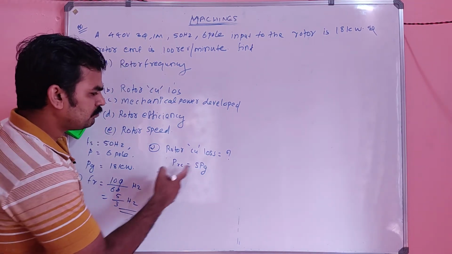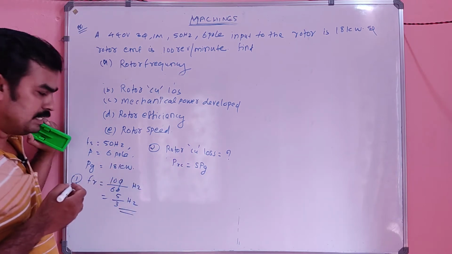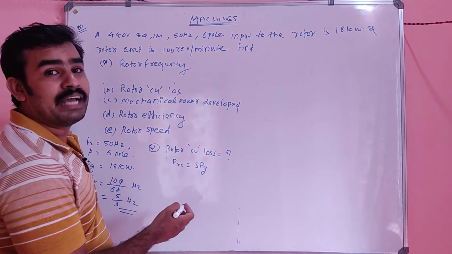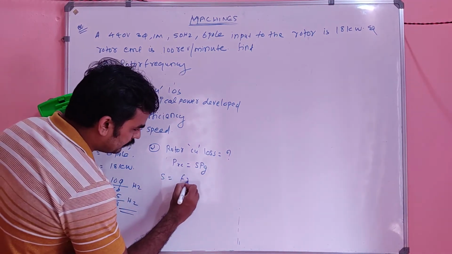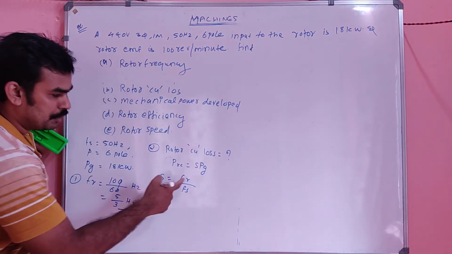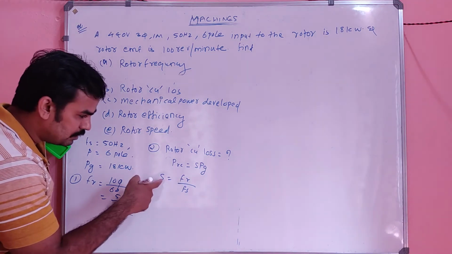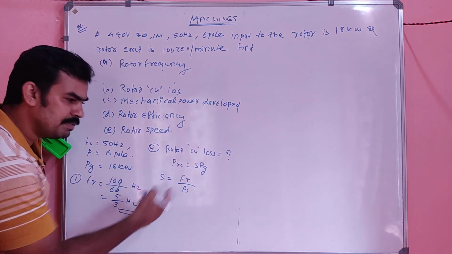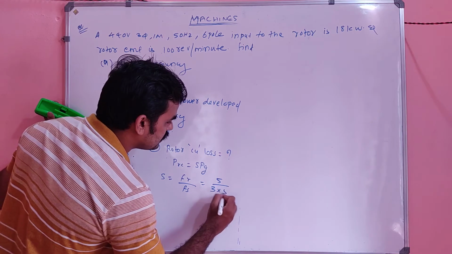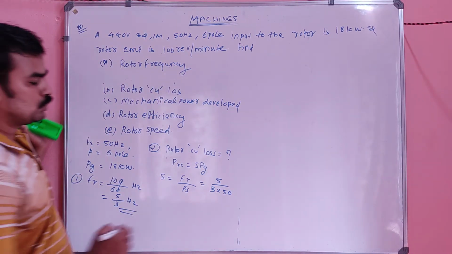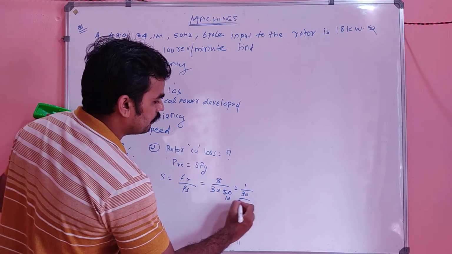So we have to find S. Pg is there, but we don't have the value of S. So first we have to find S. S will be FR by FS, because FR, the rotor frequency, will be equal to slip times supply frequency. So FR is 5 by 3, FS is 50, so the answer will be 1 by 30.